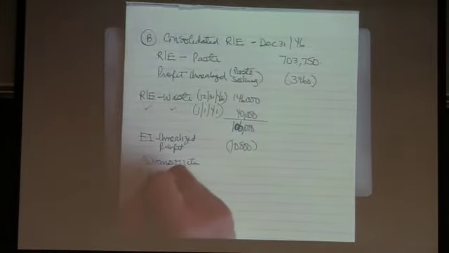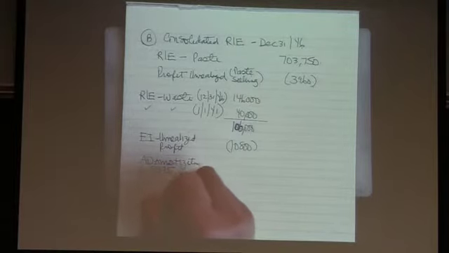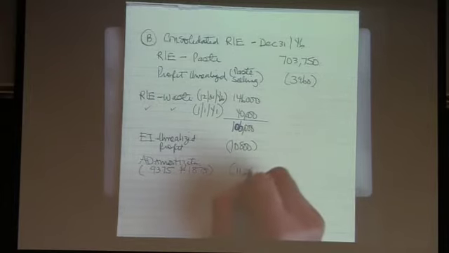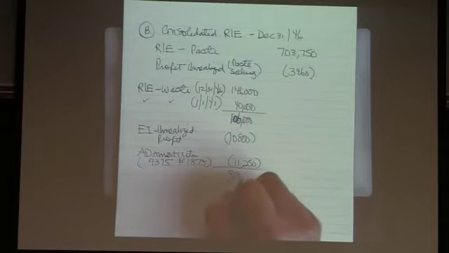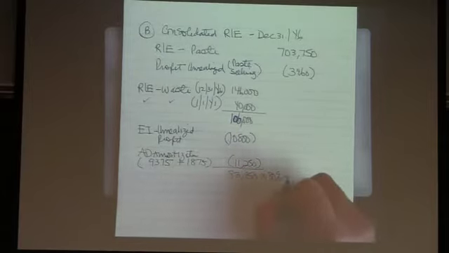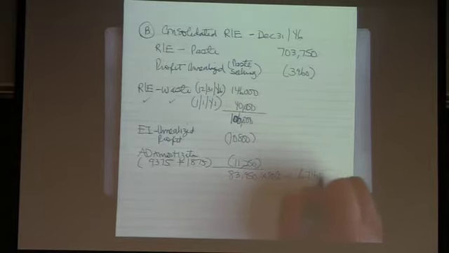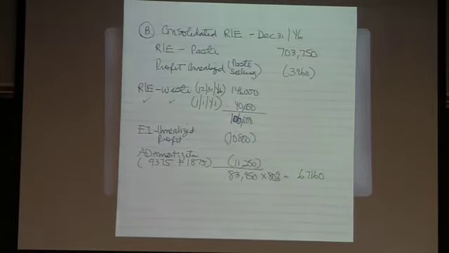Let me just write those down: 37.75 plus 18.75. That would have been 11,250. Add this up, you get 83,950 times 80% gives us 67,160.